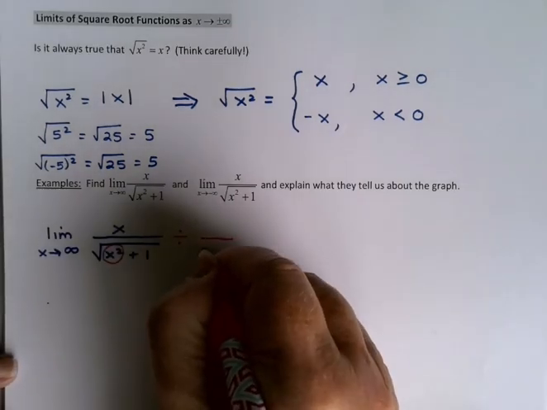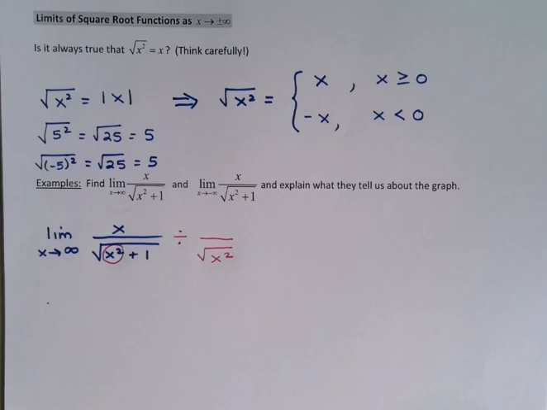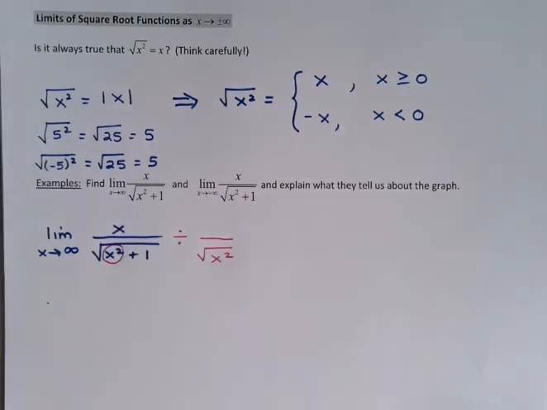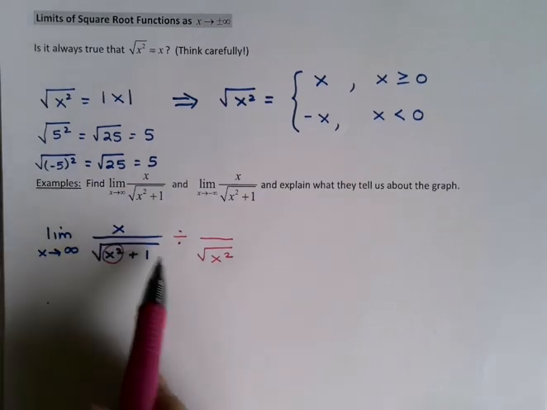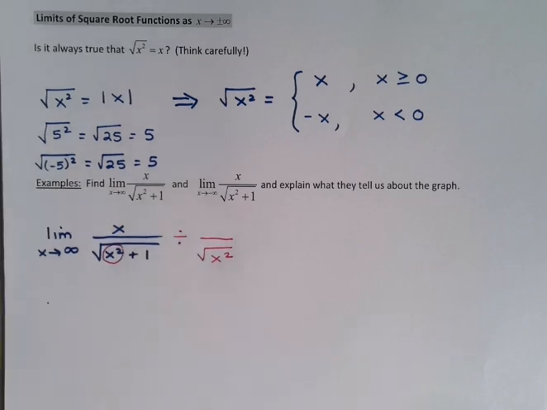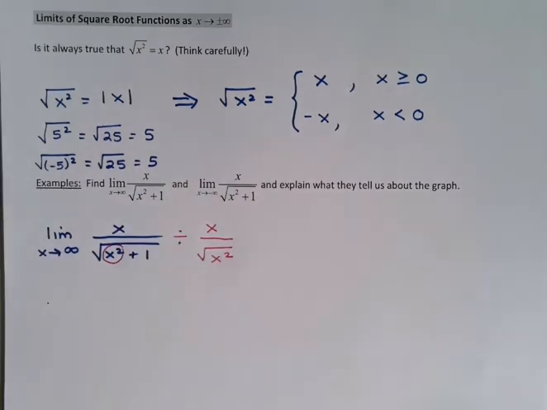So I'm going to have to write that as the square root of x squared. Now, of course, I have to divide by a form of 1 so that I'm not changing the value of my expression. But since there's no square root on the top, I'm just going to write the simplified form of the square root of x squared up here. And in this case, I claim I can just write that as x.